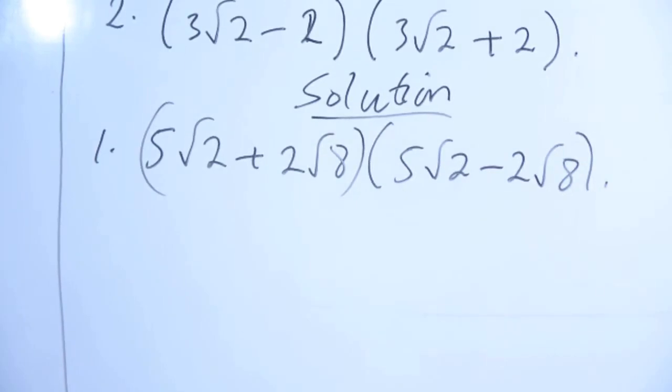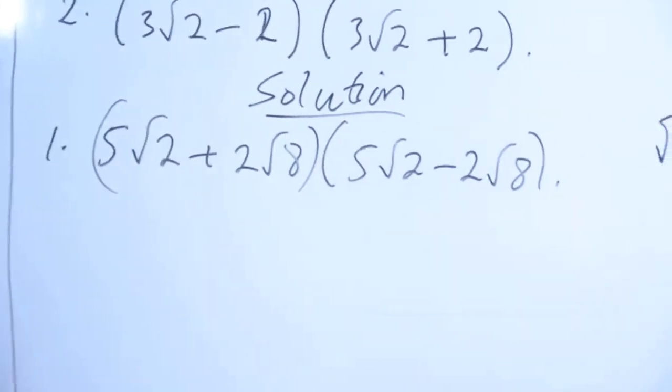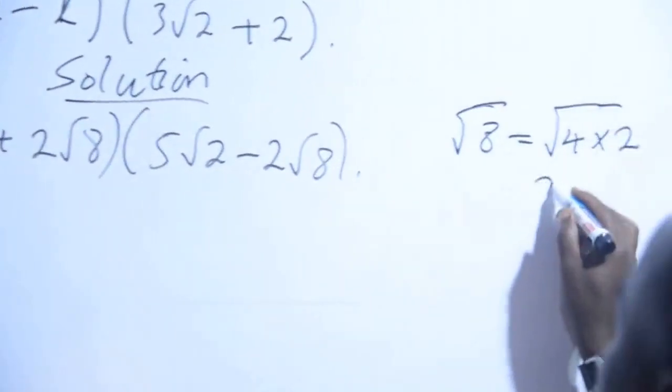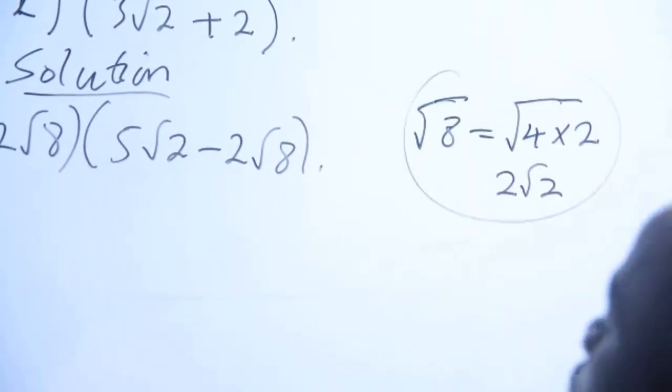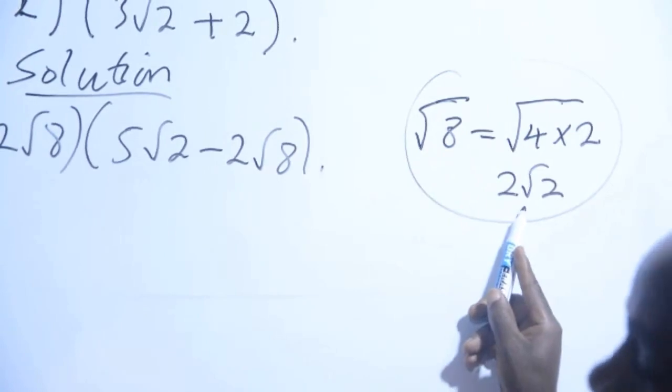Before we proceed, we need to consider the square root of 8. Let's change it to its basic form. The basic form of root 8, we all know root 8 is equivalent to root 4 times 2. And root of 4 is 2, so we are going to have 2 root 2. Okay, so take note. Instead of root 8, we will use 2 root 2.